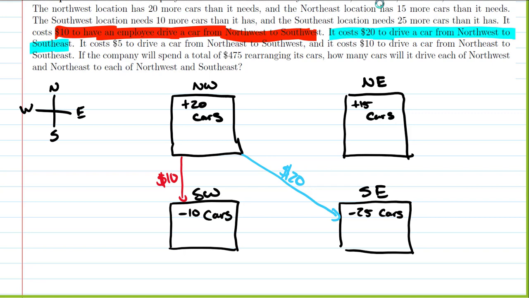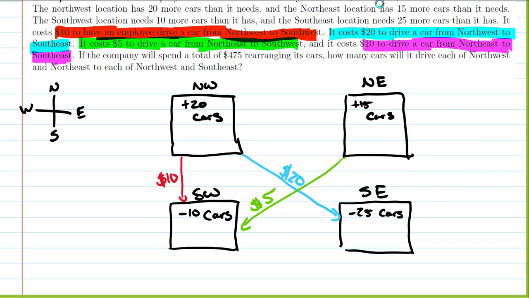It costs $5 to drive a car from northeast to southwest. And it costs $10 to drive a car from northeast to southeast.